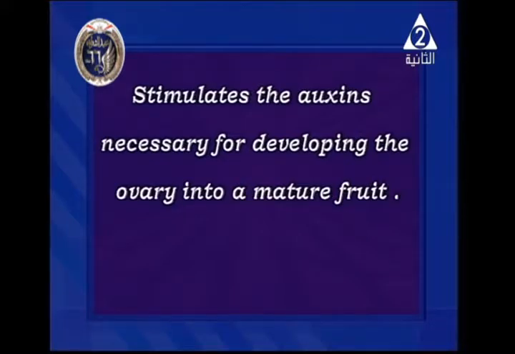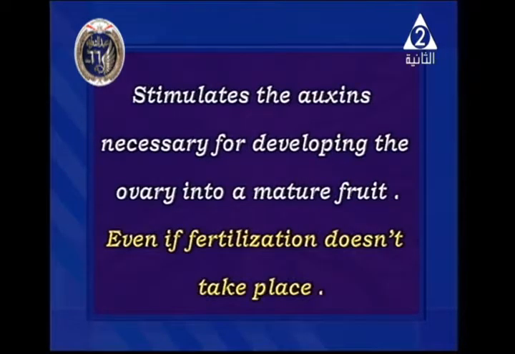Like if there is no pollination, there is no stimulation for auxins, and there is no fruit formation, even if fertilization doesn't take place. Remember that if pollination happens, the fruit may be formed even if there is no fertilization, and this is one of the greatest pieces of information here.